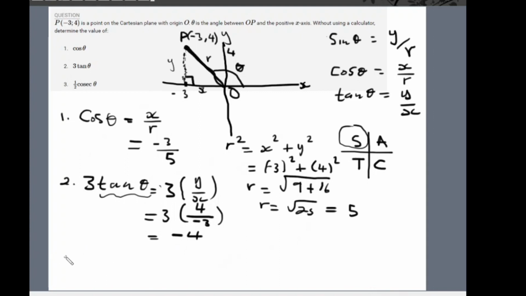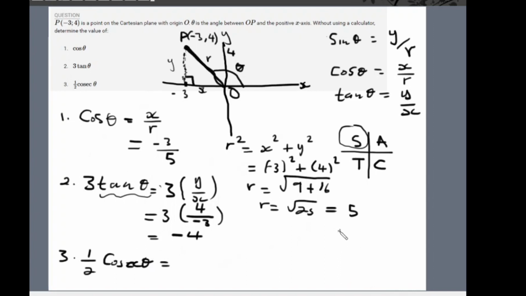And then we have the last question, which is 1 over 2 cosec theta. Remember that cosec theta is the reciprocal of sin theta, right?